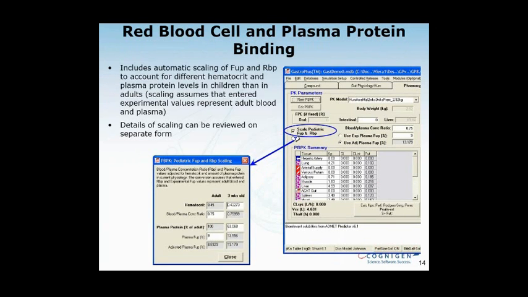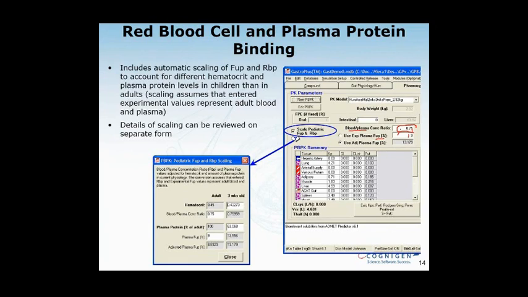And we did incorporate that as an automated scaling within GastroPlus under assumption that the parameters that you are entering, the blood to plasma concentration ratio and the fraction unbound in plasma, are representative of the adult blood. You do have option, or you can turn this option off in cases that you actually measured these parameters in the blood corresponding to the age that you are trying to simulate.